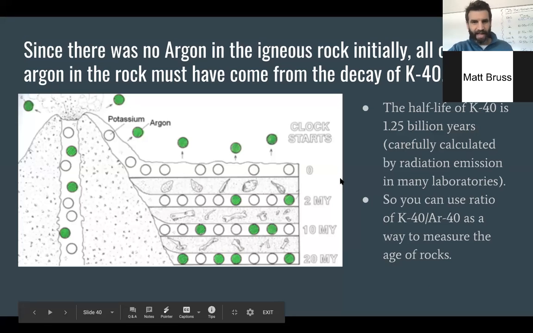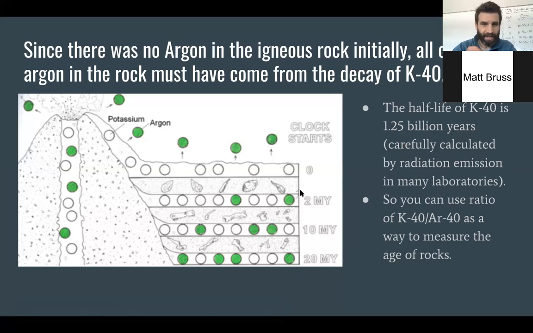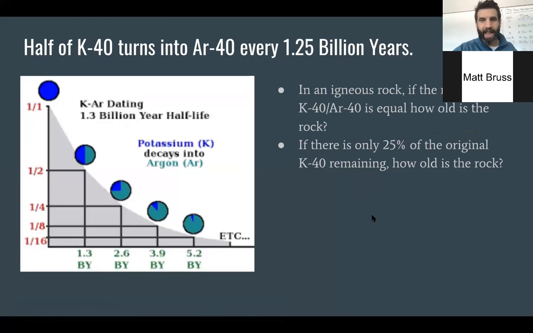So we talked about the age of these rocks. As potassium 40 decays and becomes argon, we can determine that the age of the rock is older. And this is the same thing we just did in the lecture guide: the half-life of potassium 40, half of the original amount disappears every 1.3 billion years.